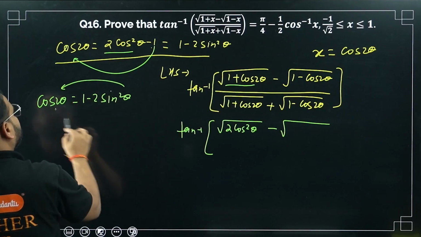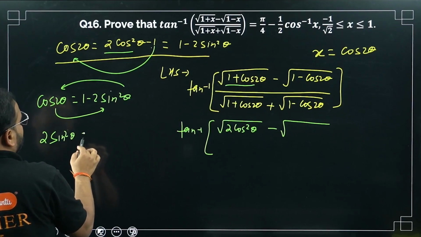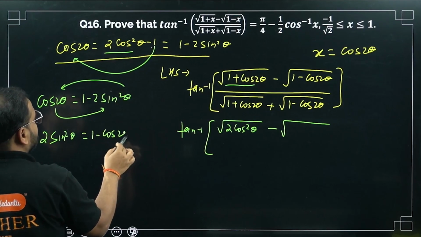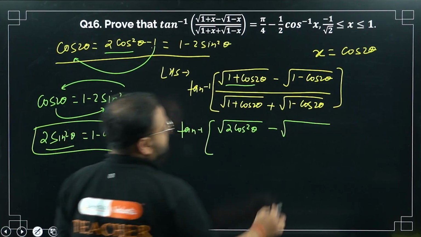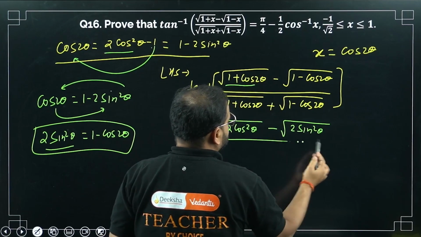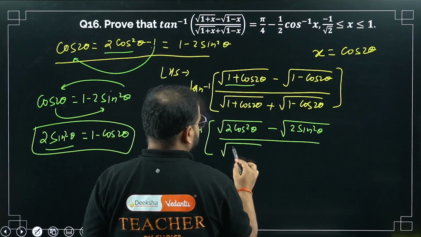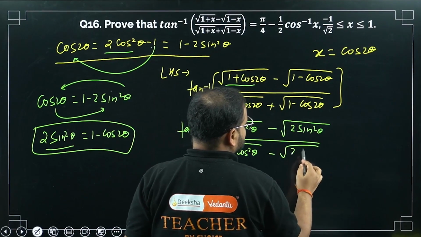Bring this over here and bring this over here. This will become 2 sin square theta equals 1 minus cos 2 theta. Please use it. 2 sin square theta. The same thing will be written over here.